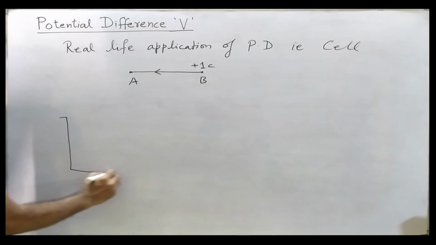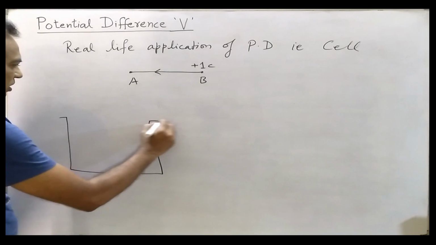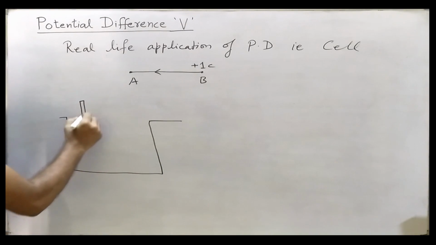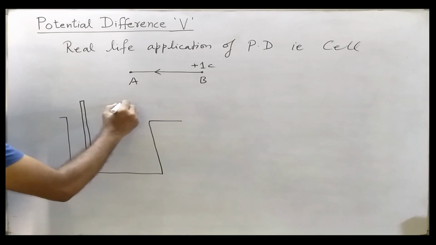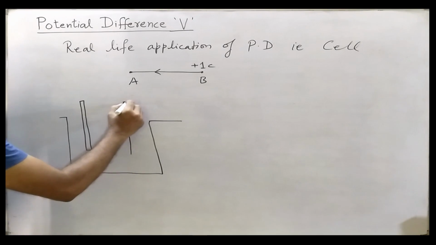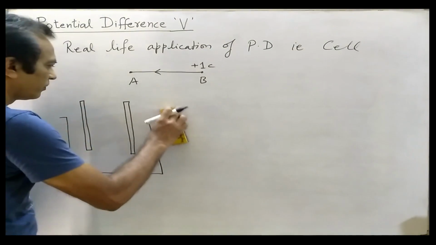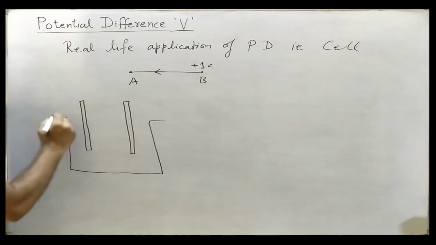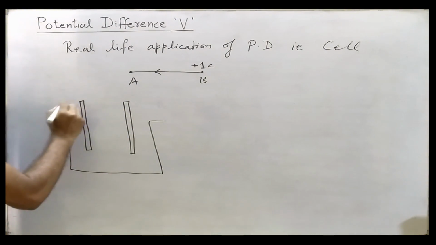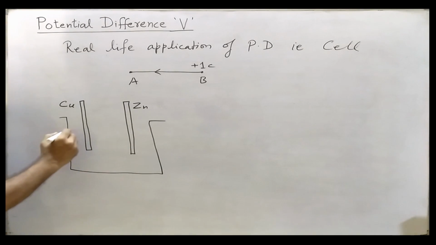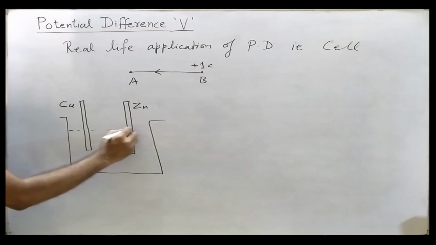Inside a cell, basically you have two electrodes. This is just a schematic. One is say copper and the other is zinc. Then you also have some electrolyte.